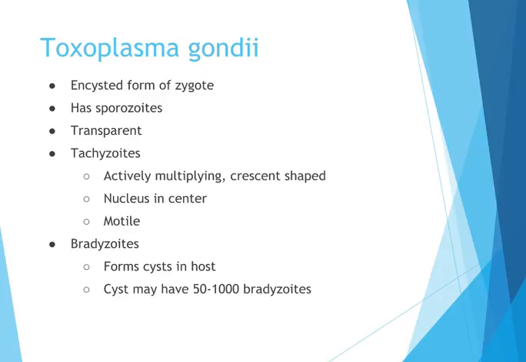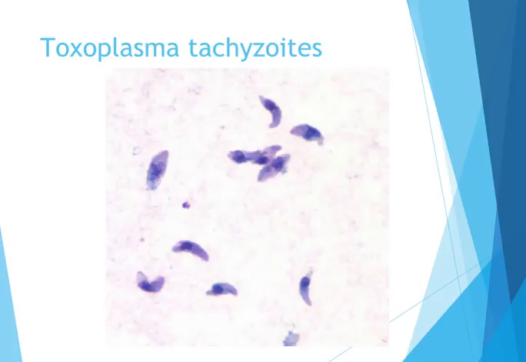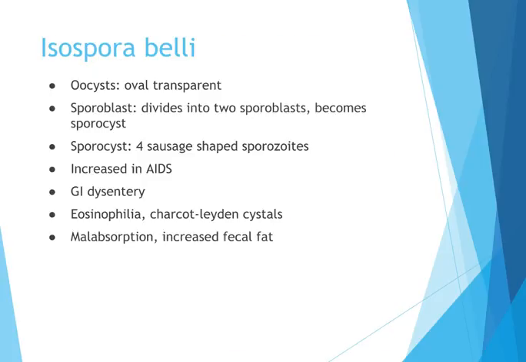Whenever a pregnant woman is carrying her baby, she's supposed to stay away from cat litter boxes. And again, it's found in AIDS patients, and who is most at risk are AIDS patients and unborn babies.